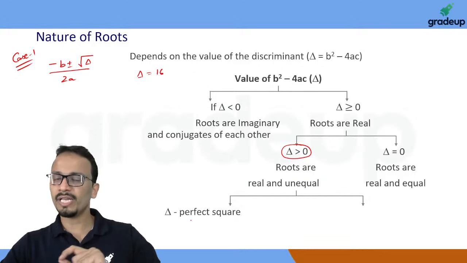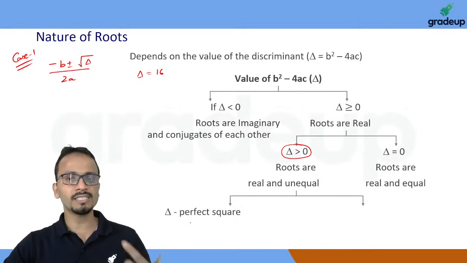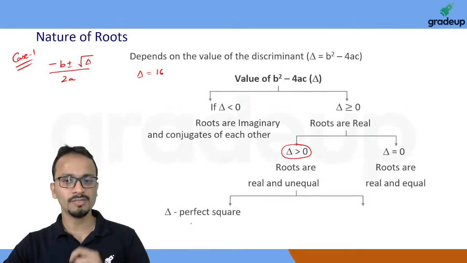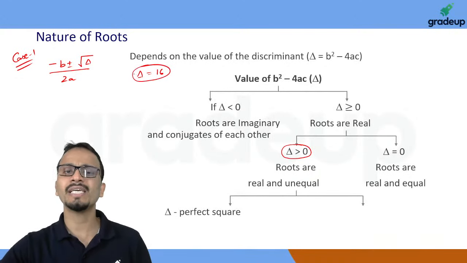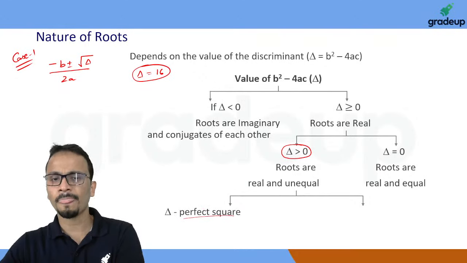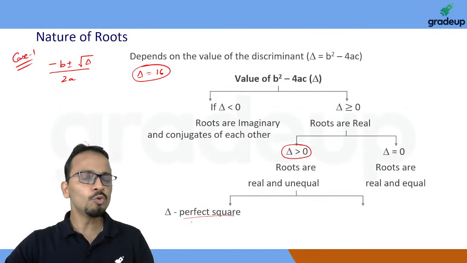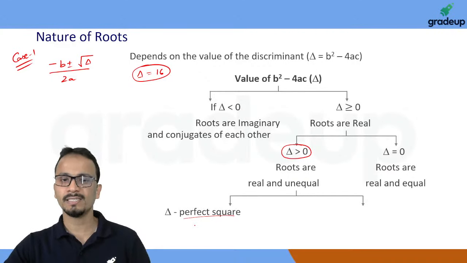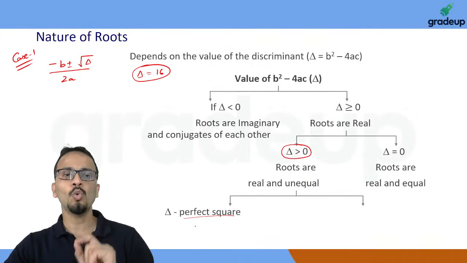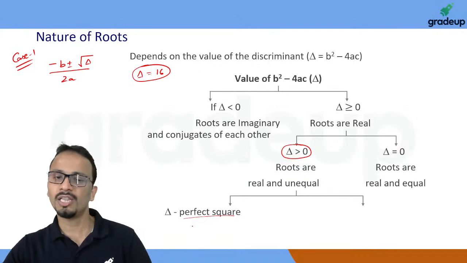Real numbers are classified in two parts, rational and irrational. So if the discriminant is a perfect square, the square root sign will be eliminated from the value of x, and hence the value of x will become a rational number.